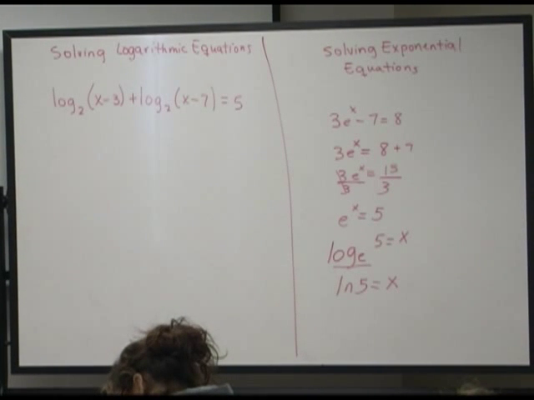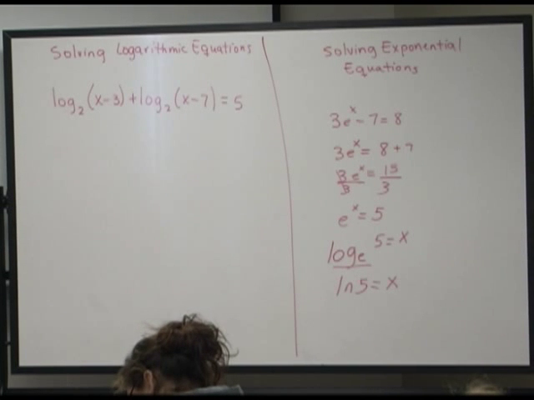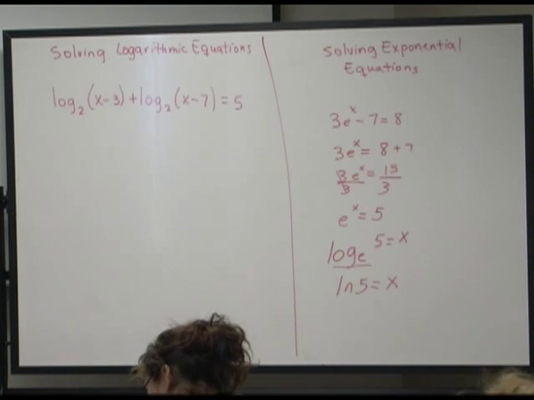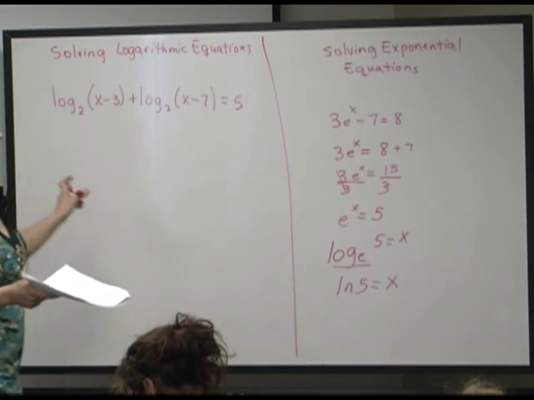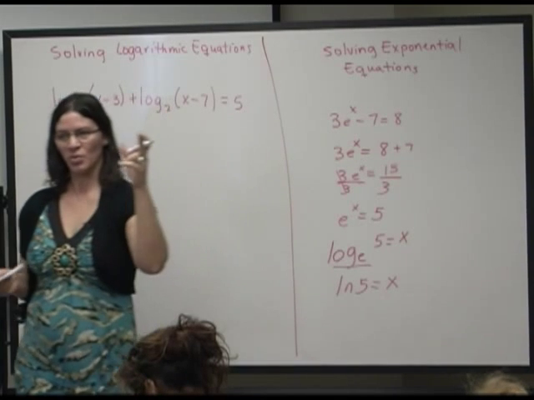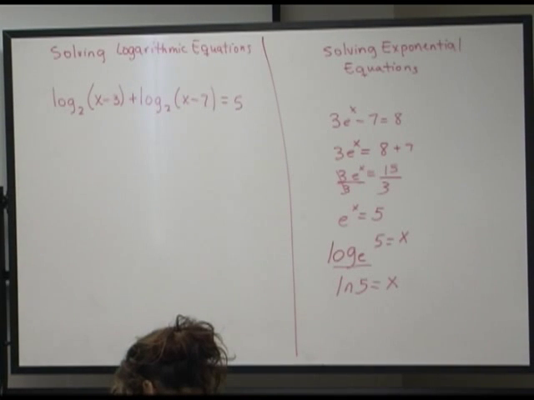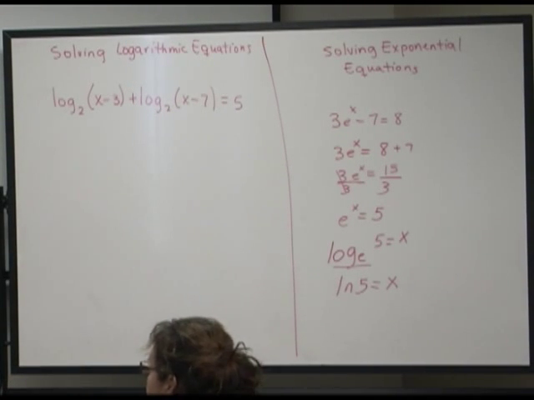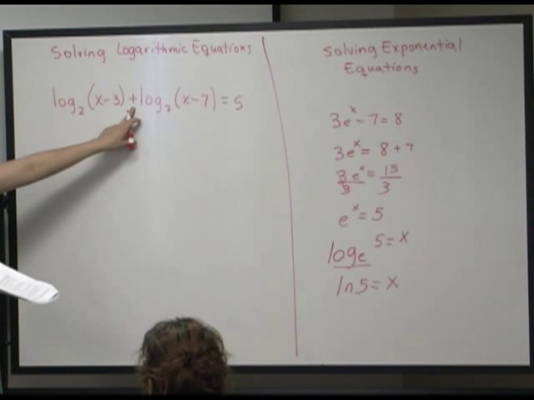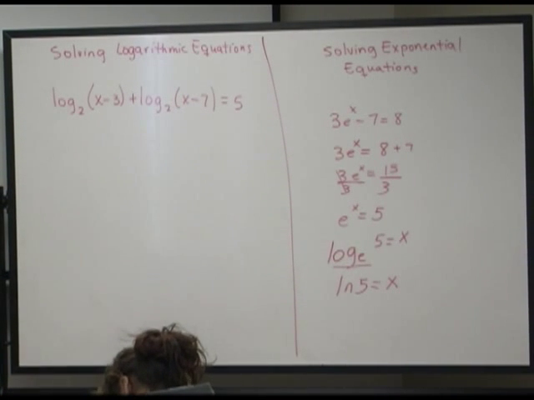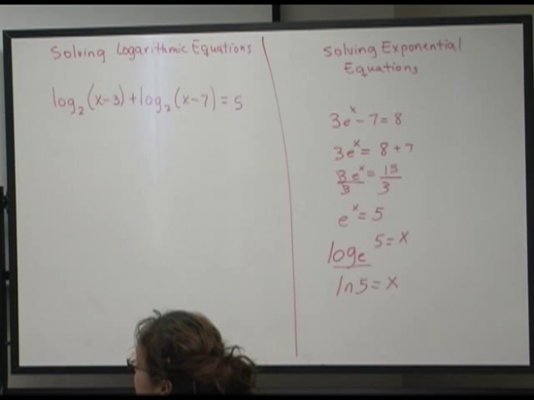And I did not go over this today, but you should go. The first thing you have to do in there is try to write it as a single log. And why do you want to write it as a single log? Because you want to be able to convert to an exponential. In this case, you will use the power rule, right? Because the logs have the same base, and you're adding them.